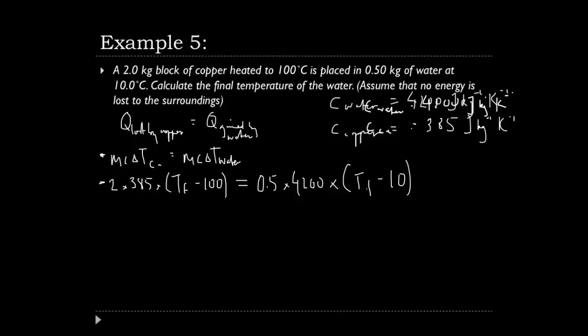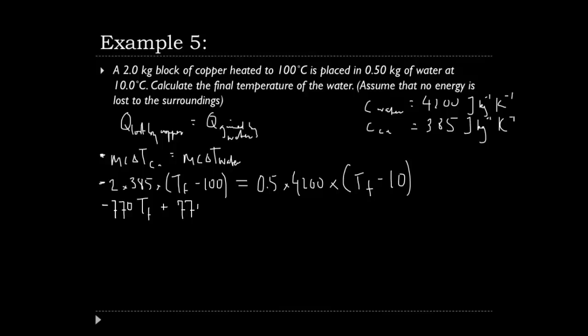Now once again we need to solve this for Tf, and so we'll just multiply out the brackets to begin with, and if we do that we get negative 770 Tf plus 77,000.